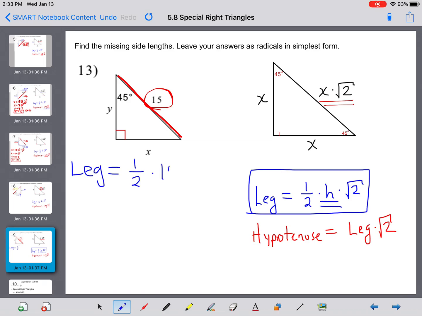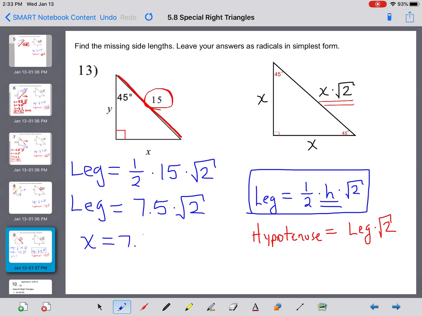In our problem here, the hypotenuse is 15, and we multiply by the square root of 2. So the leg equals half of 15, 7.5, times the square root of 2. That means x is going to equal 7.5 times the square root of 2, and y is going to equal 7.5 times the square root of 2.